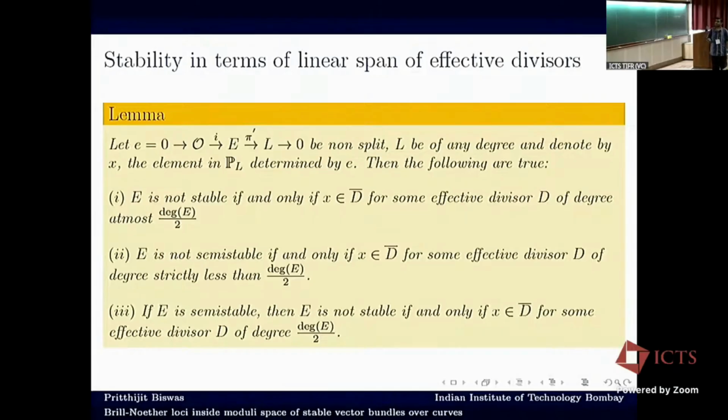E is not stable if and only if the extension is in some linear span of degree at most half the degree of the bundle. It is not semi-stable if the degree is strictly less than that, and semi-stable but not stable, that is, strictly semi-stable, if the degree is exactly degree of E by 2.